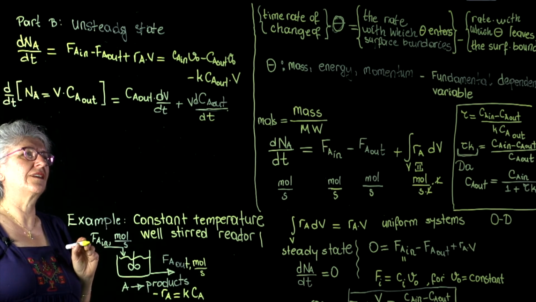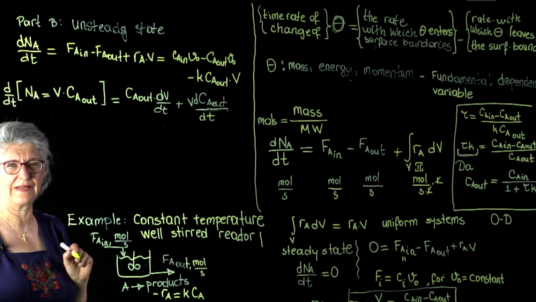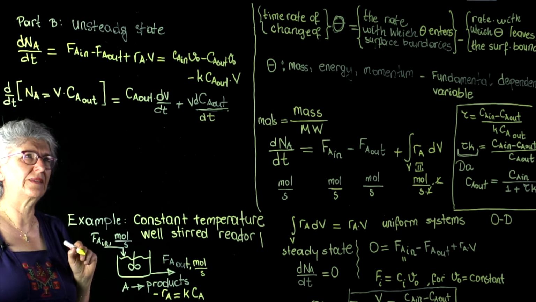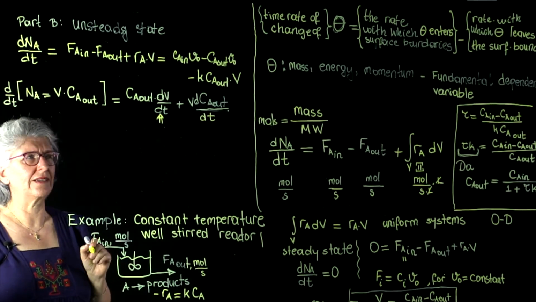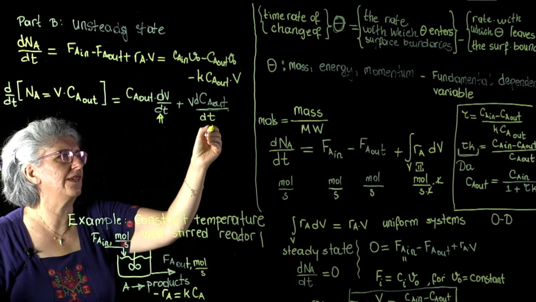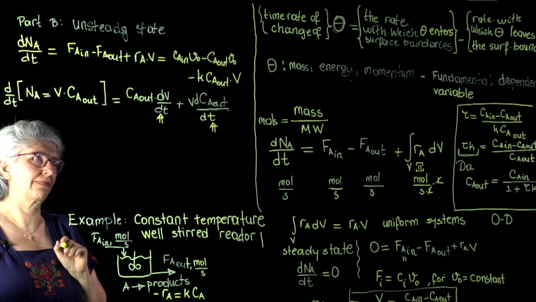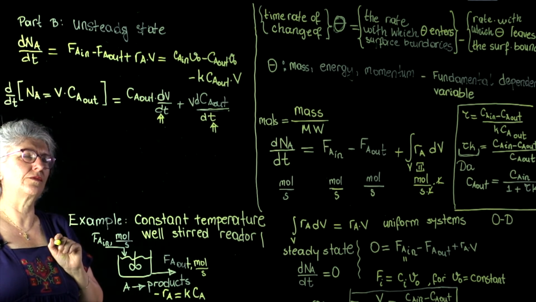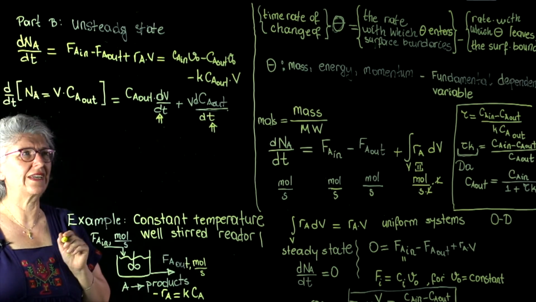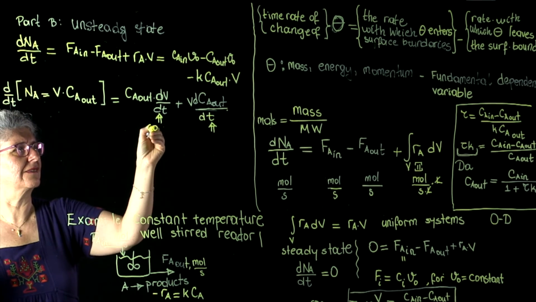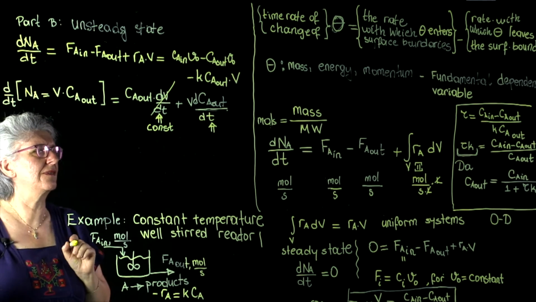Of course, there are two reasons that an unsteady state condition can happen in a reactor. One is that you may have a volume change, and the second situation is that you may have a concentration change with respect to time. So we are going to solve this problem for a constant volume reactor. As a result, this term disappears.